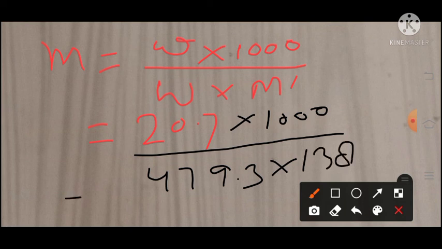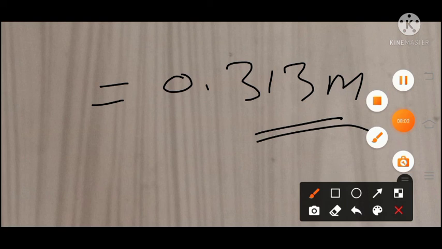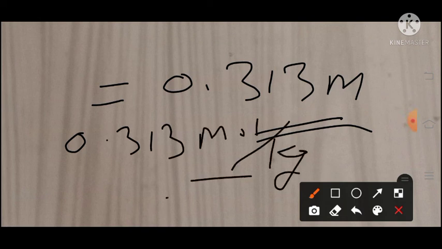On solving it, we find the answer equals 0.313 m. Now the molality of the solution equals 0.313 m, or we can say 0.313 mole per kilogram. It is the unit of molality.